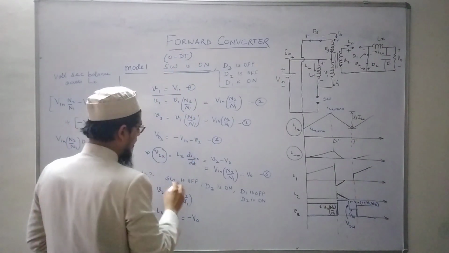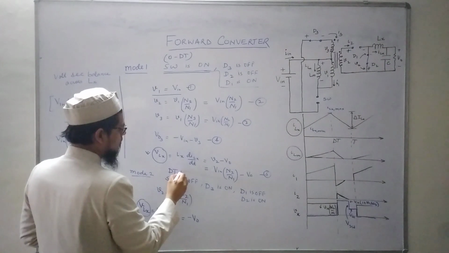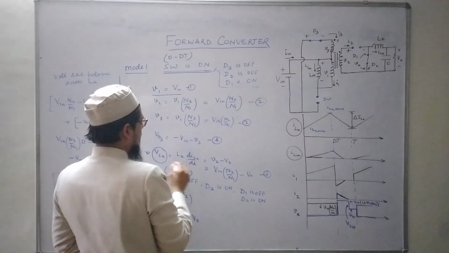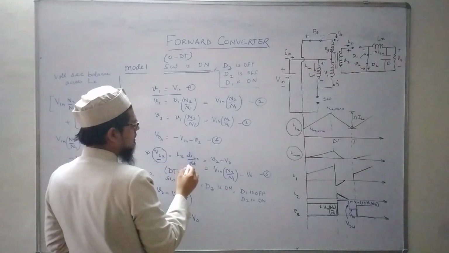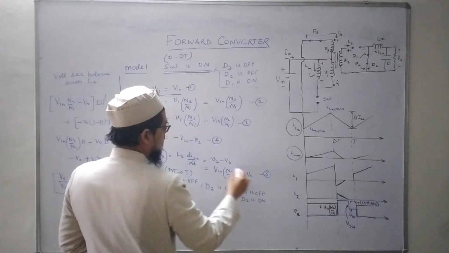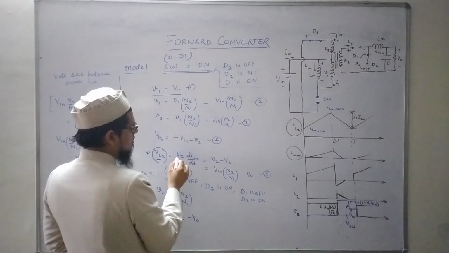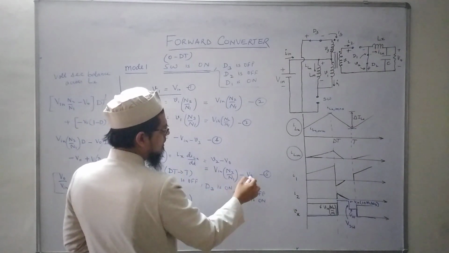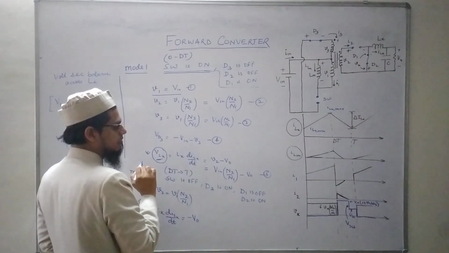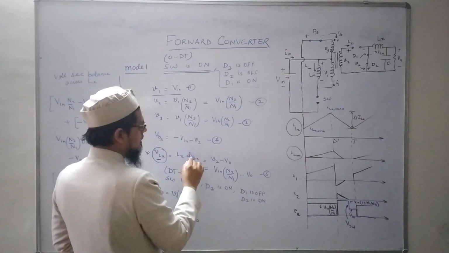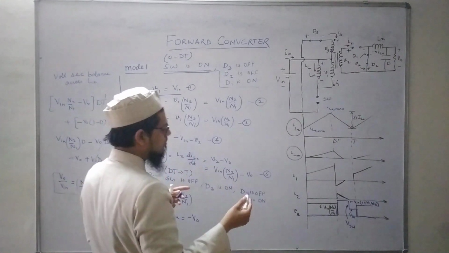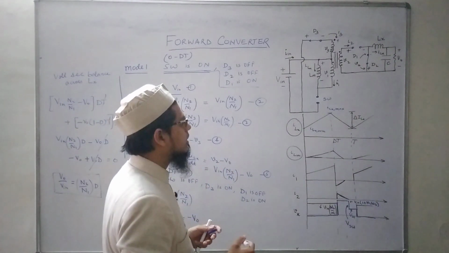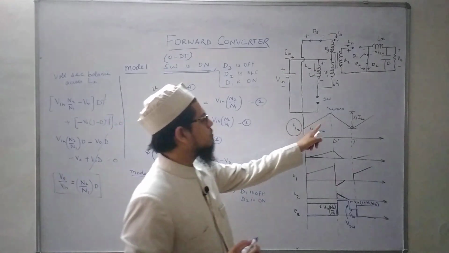And mode 2 is from dT to T. So from 0 to dT the output voltage is given by this, and Lx dILx by dt is this much, and each of the quantities here are positive. So that means dILx by dt is a positive quantity. That means there is a linear increase in the current through the inductor Lx. So that has been shown here.